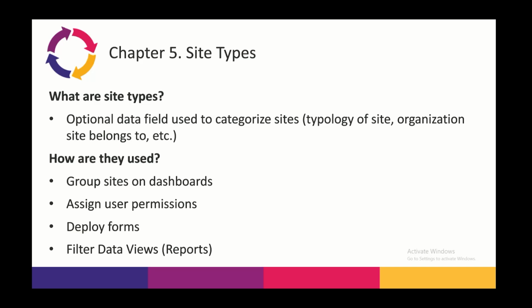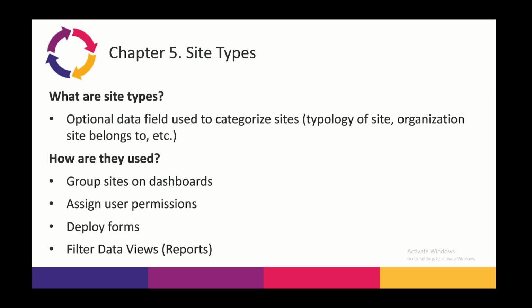And we'll go on to why that might be useful in a second. So how they're used: grouping sites on dashboards. So for example, you would have a dashboard, even the automated one on site, and you would be able to see, for example, different colors for different site types. So you would be able to very clearly see that I have a map here. This is all of the different typologies of sites: self-settled, containers, self-made shelters.